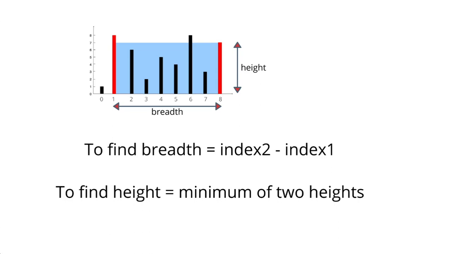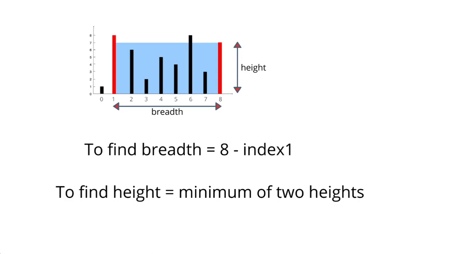Here you can see this pillar has a height of 8 and this has a height of 7. So the container's height is 7, because the minimum height of those two pillars will be the height of the container too. So we have to find the minimum of the two pillars' heights. In that way we can find breadth and height.